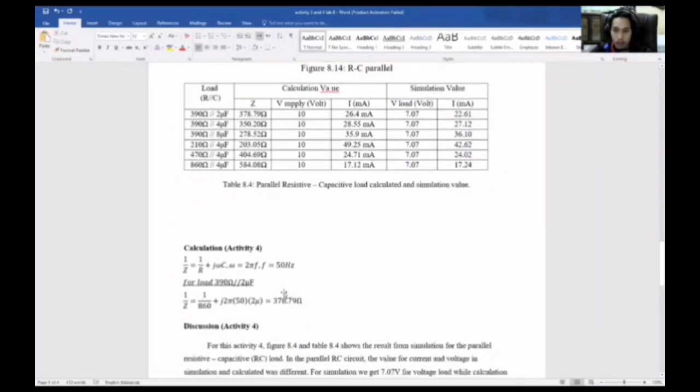So here we got the value for Z for the resistor of 390 ohm and 2 microfarad, and this is the value. And do the same step for these different values for Z.